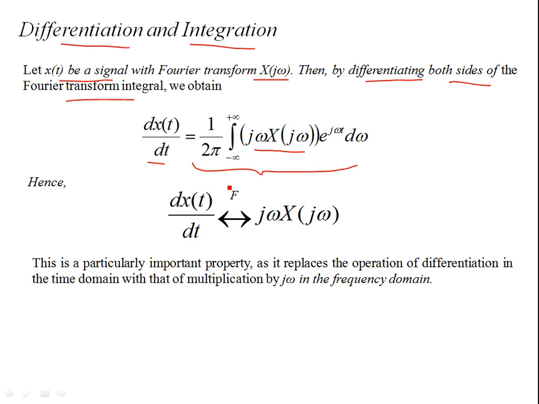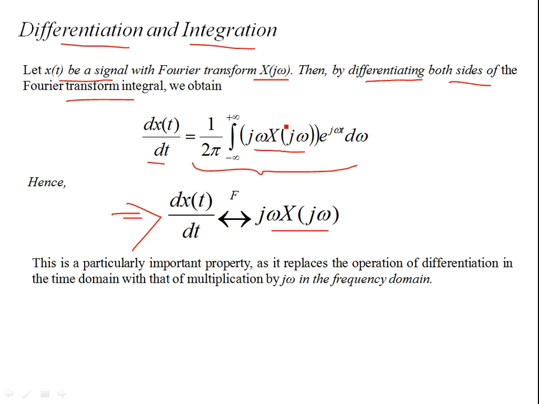So this implies that taking the first derivative of the signal x(t) has a Fourier pair j omega X(j omega). This is quite evident from the Fourier synthesis equation, or the inverse Fourier integral.